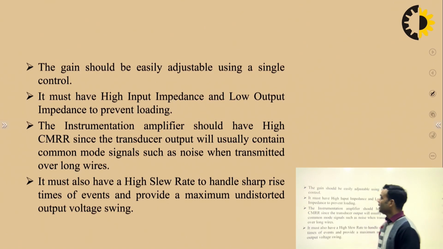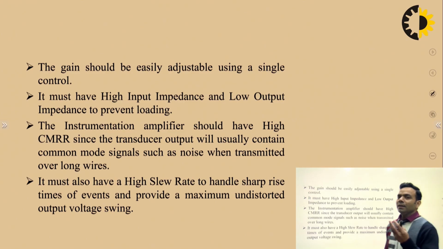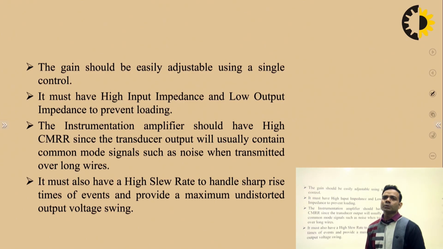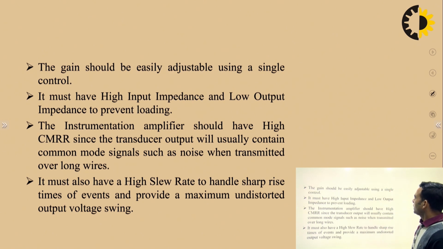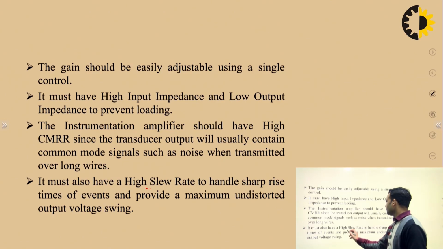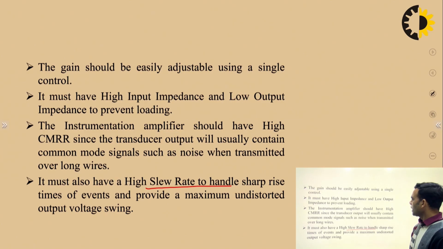Accurate means the effect of noise should be minimum. That means CMRR should be high. Its slew rate should also be high to handle sharp rise times of events and provide maximum undistorted output swing.